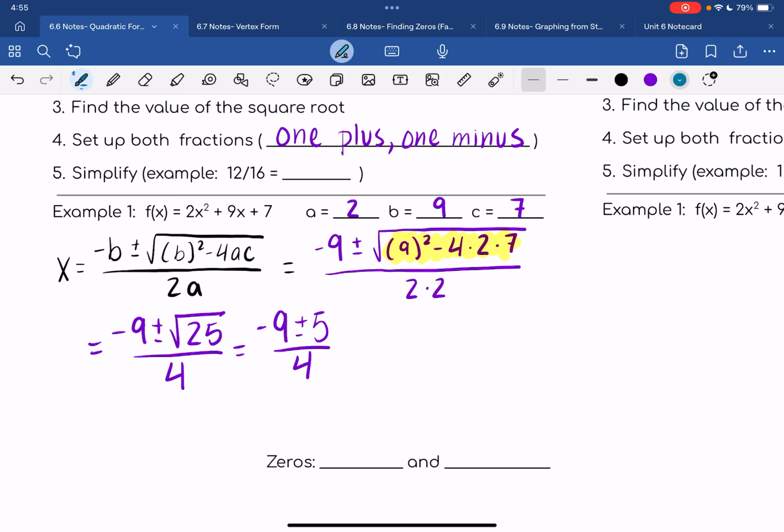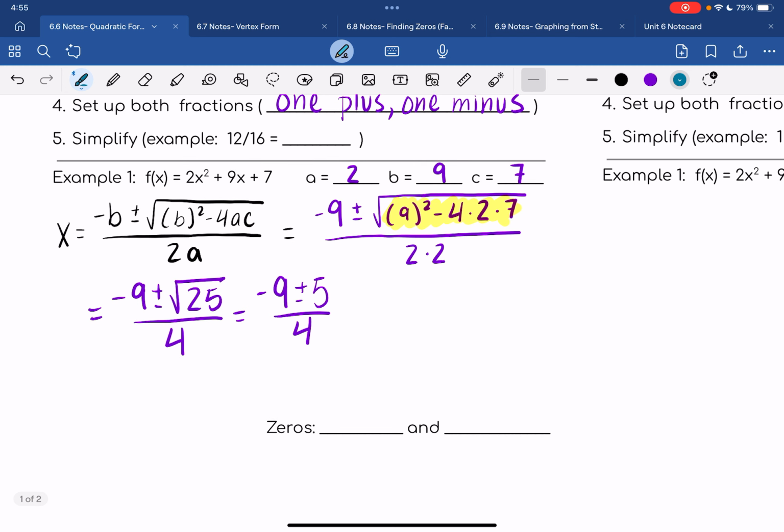So we are now going to split into 2 problems. We are going to do negative 9 plus 5 over 4. We are going to do negative 9 minus 5 over 4. So we literally mean do plus and do minus. So negative 9 plus 5 over 4, negative 9 minus 5 over 4.